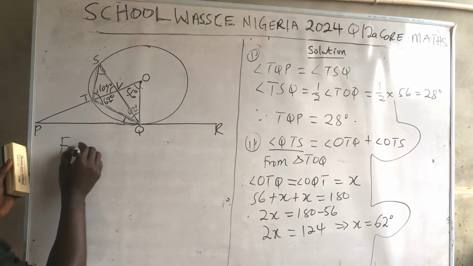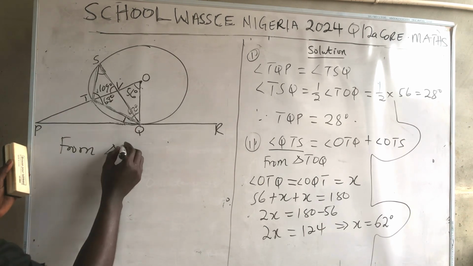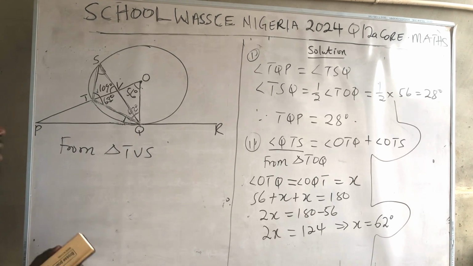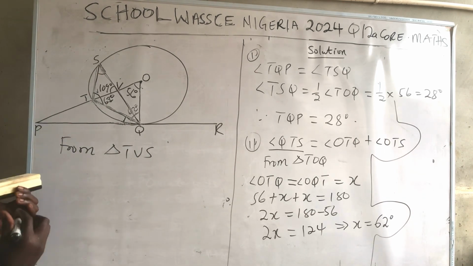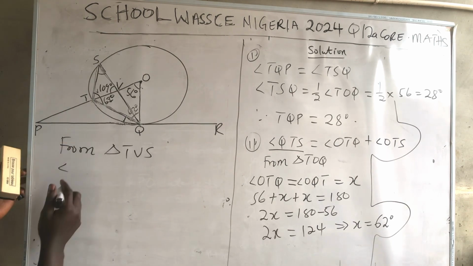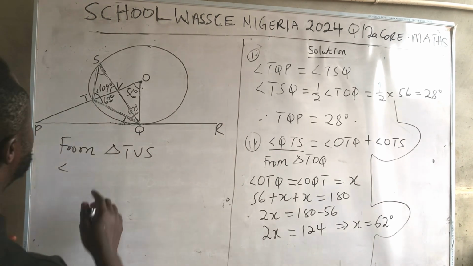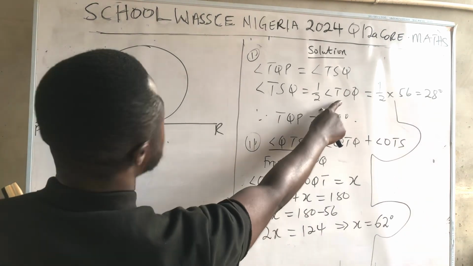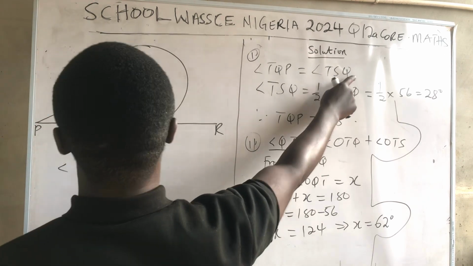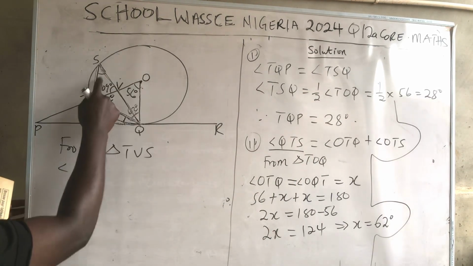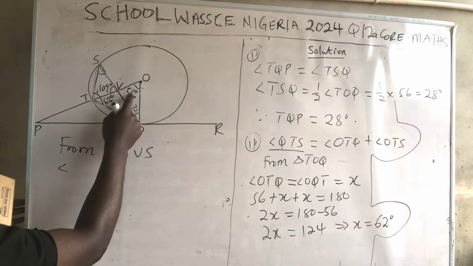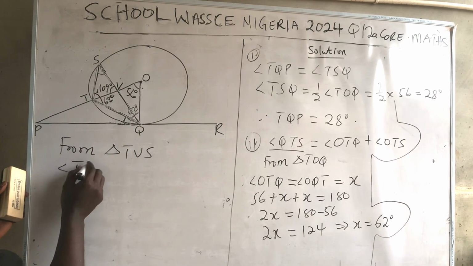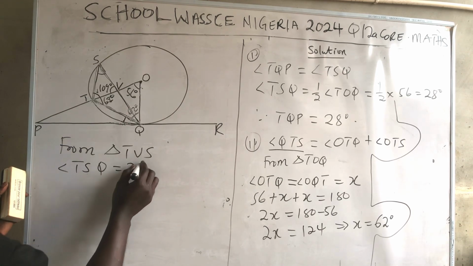So we can also see that from triangle TVS, already we know the angle at S. I believe we calculated that, that's why we had 28. Angle TSQ is 28 degrees.